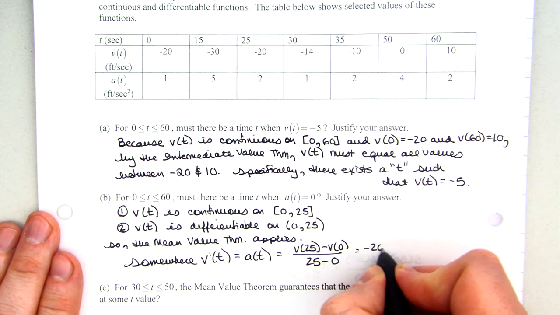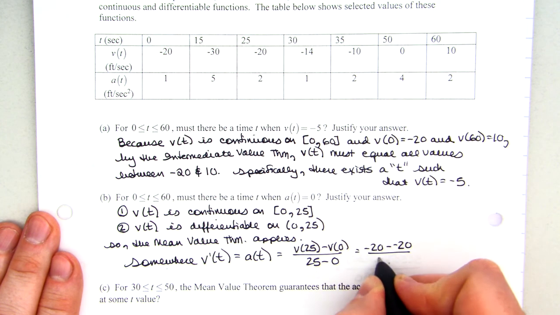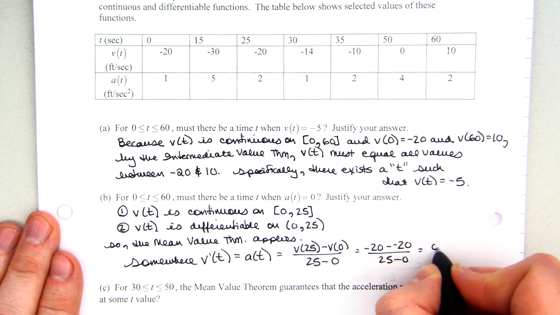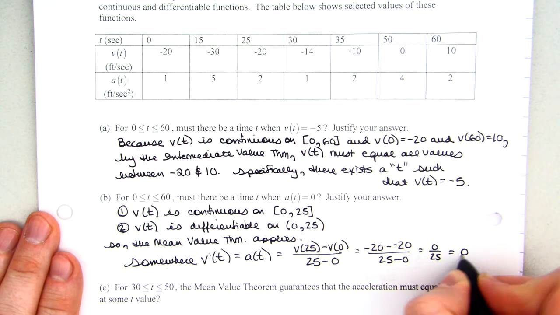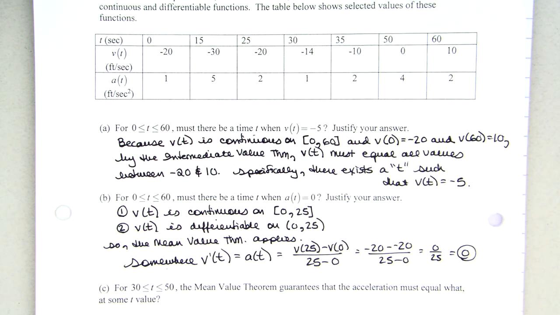Well, that's negative 20 minus negative 20 over 25 minus 0. That's 0 over 25. I'm guaranteed that somewhere the derivative of velocity, the acceleration, is going to equal 0. If you need a moment to copy that down, I'll make the video pause.